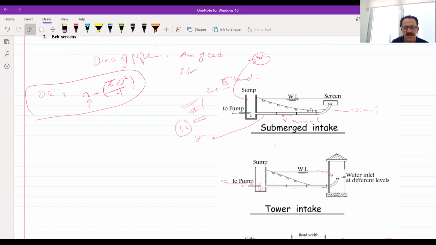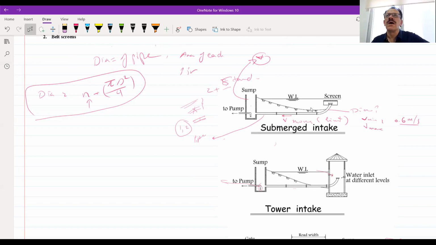We have to be limited. There is a limited velocity. What I mean by that is there is a V minimum and a V maximum. The V minimum is 0.6 meter per second. And why 0.6 meter per second?